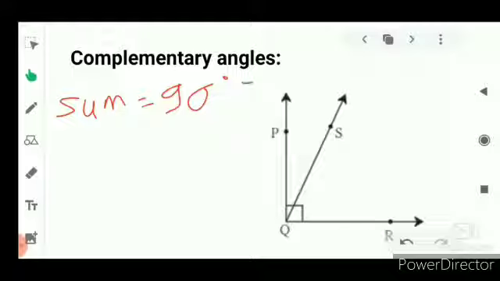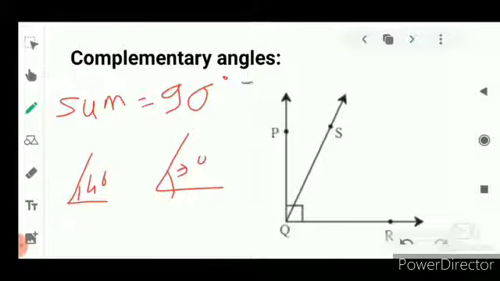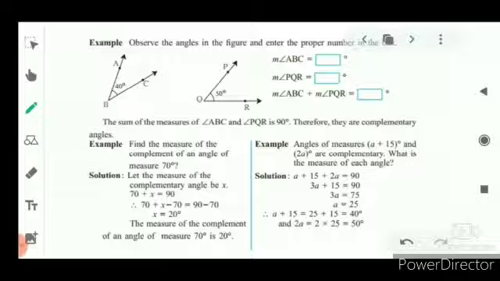Similarly, if any two angles are given to you, for example, one is 40 degree and another angle is 50 degree, then their sum is equal to 90 degree, then these two angles are said to be complementary angles. Okay, now let's see some examples. Here the two angles are given to you.